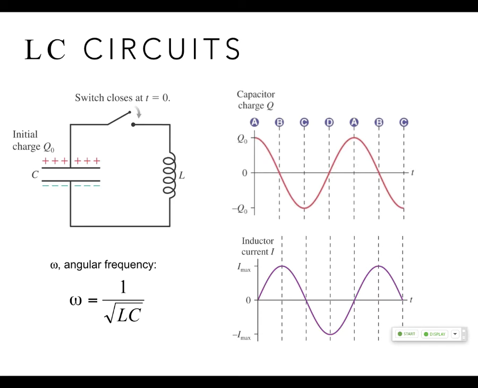Okay. So this ends up being the second derivative of Q, right? Because I is dQ/dt. So you can rewrite this as negative L d squared Q over dt squared. Now you end up with this plus this equals 0, right?